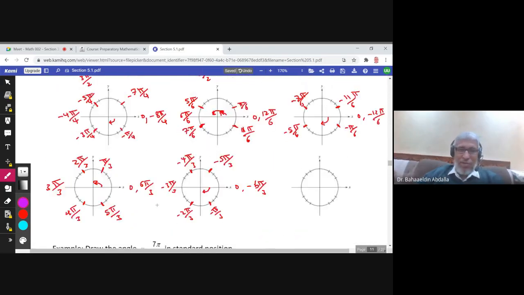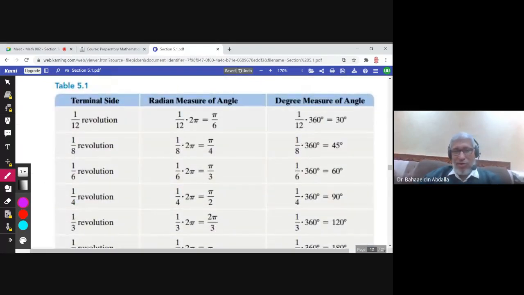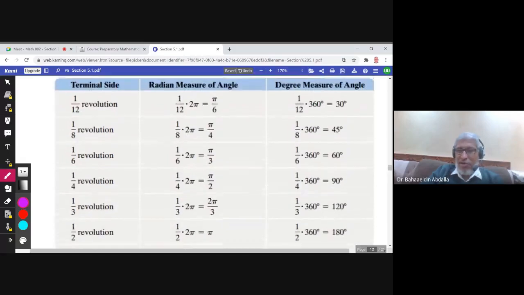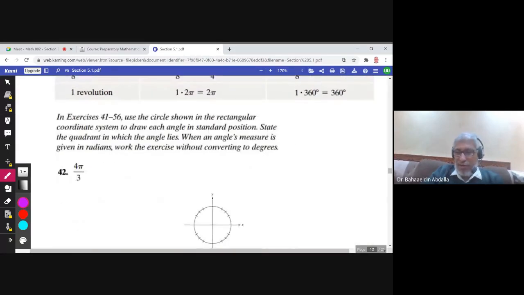That's why pi over 3 is here, because pi over 3 is 60, while pi over 6 is 30. Okay. This table is also important. Pi over 6 is 30, pi over 4 is 45. All the angles are here. You can convert from radian to degrees and vice versa.